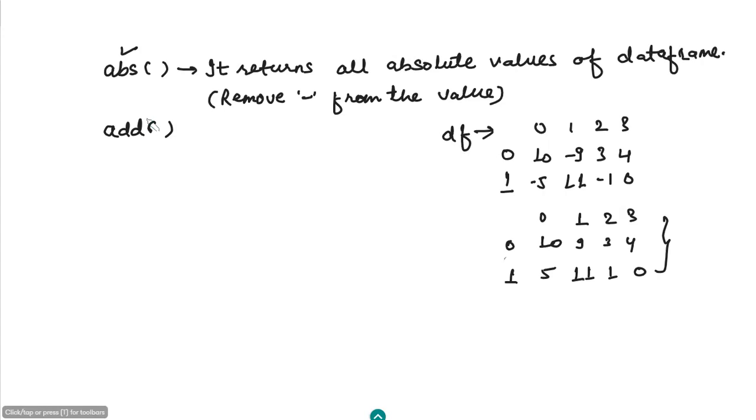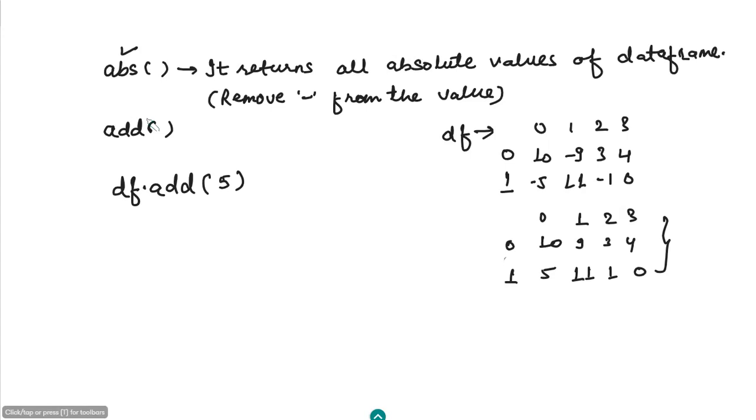Suppose df dot add, and you are passing the value, suppose 5. So in every column with every element, that value which you are passing with the add function will be added. Suppose this is your data frame in which you are having this value.